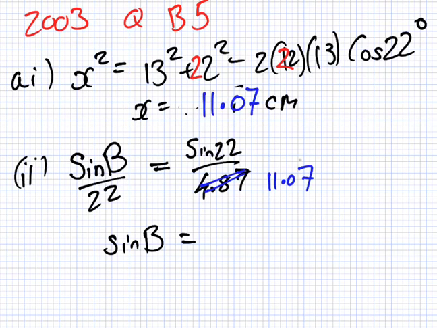All right. Now let's check it. Sine 22 over that number. So we're getting sine b no less than 1. All is right in the world. That's right.